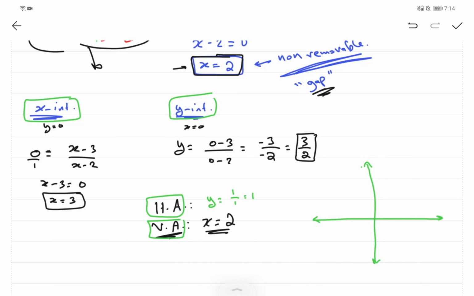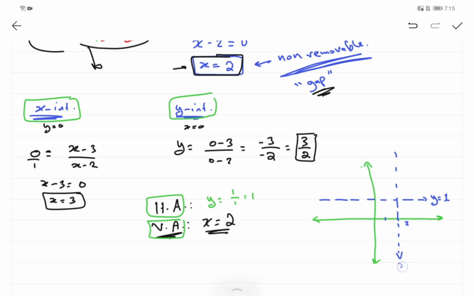Let's start with the horizontal asymptote, which is y equals positive 1. So this is the horizontal asymptote, y equals positive 1. And the vertical asymptote is x equals positive 2. So this is positive 2. So make a vertical asymptote.